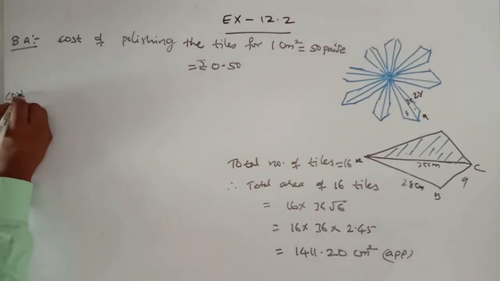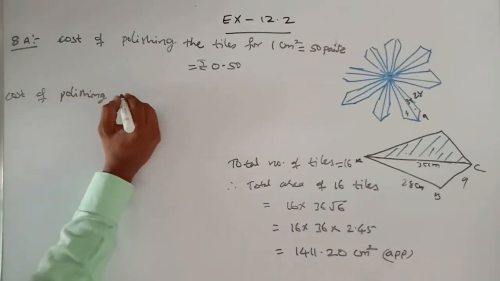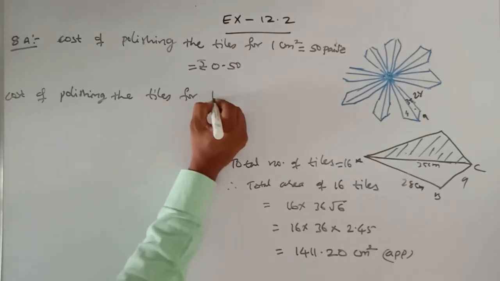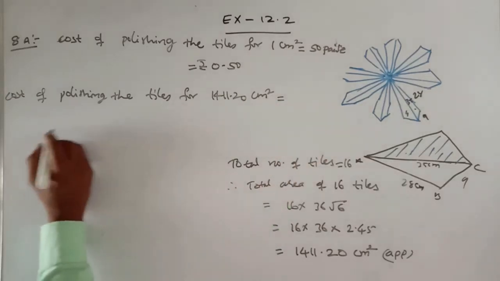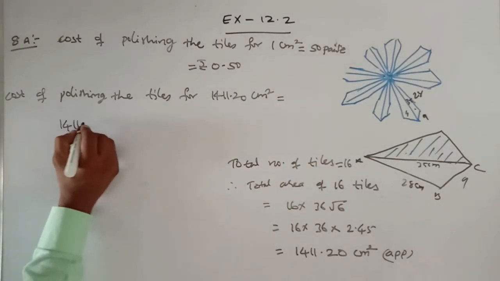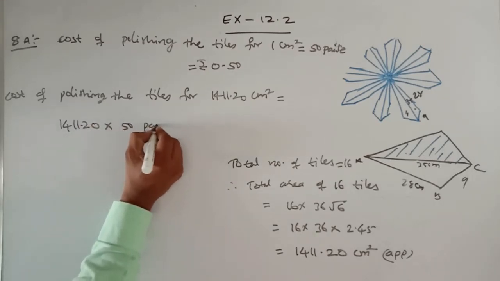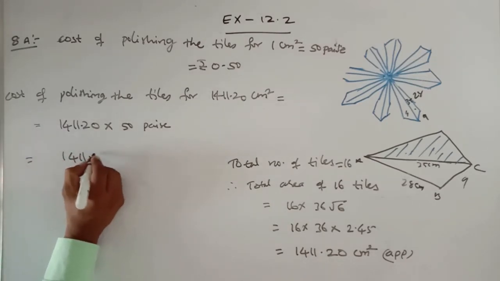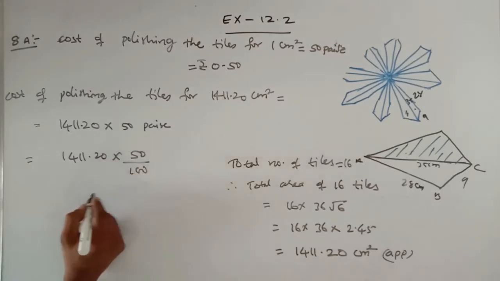Now cost of polishing the tiles for 1411.20 square centimeters is equal to 1411.20 into 50 paise. So that's equal to 1411.20 into 50 by 100 rupees. I am changing it into rupees.